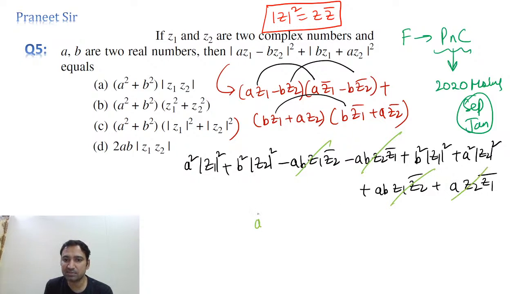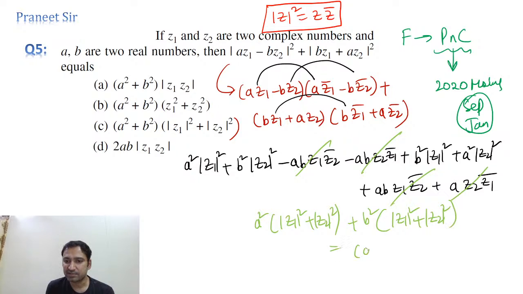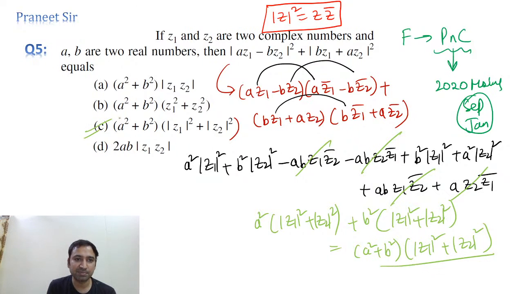The a square terms you write in one place: mod z1 square plus mod z2 square, and the b square terms you write in one place: mod z1 square plus mod z2 square. Now simplify this: a square plus b square, and you can take common mod z1 square plus mod z2 square. That's what we're getting. Third option is the answer. Yes, clear?